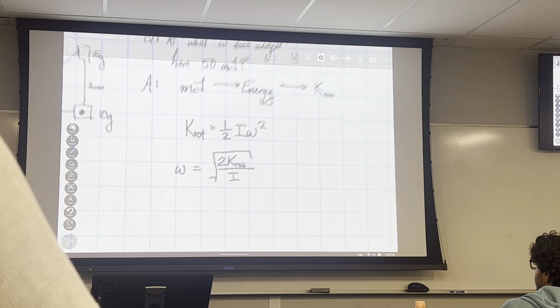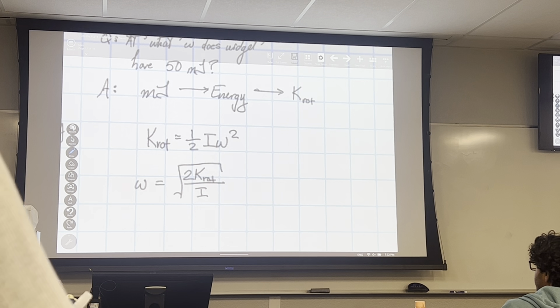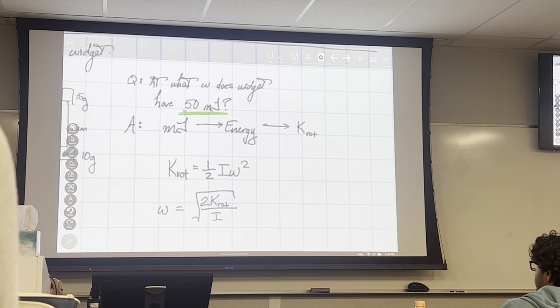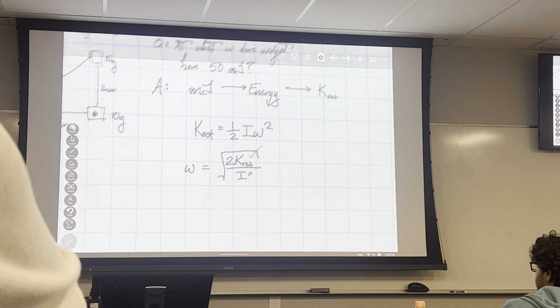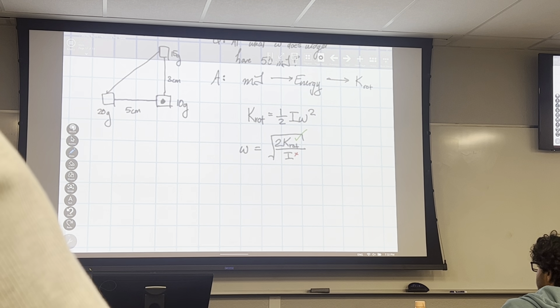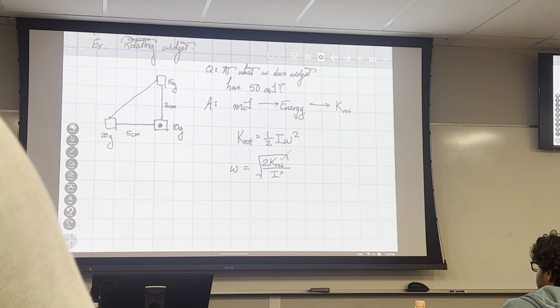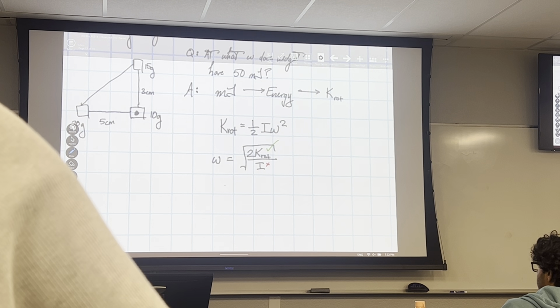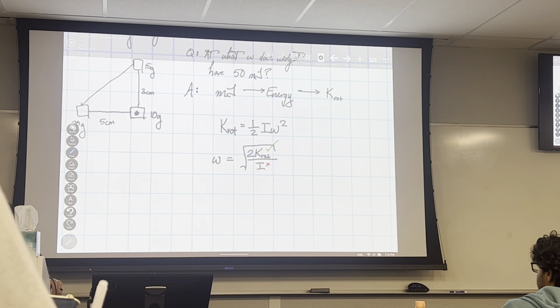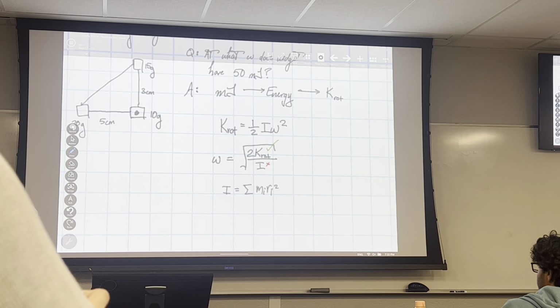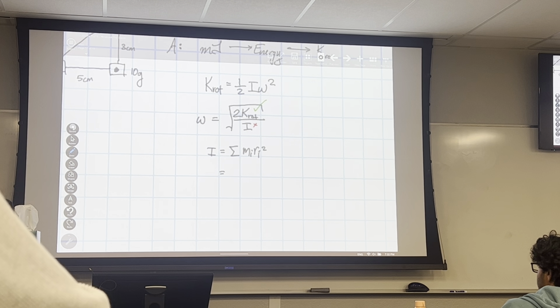Do we know the rotational kinetic energy? Yep, that is what 50 millijoules is, so we do know that. But we do not know the moment of inertia I. However, we do have enough information to get the moment of inertia I, which is equal to the sum of m_i r_i squared.